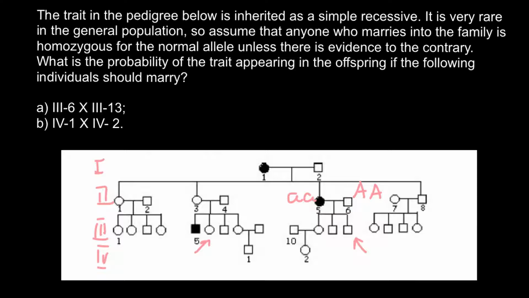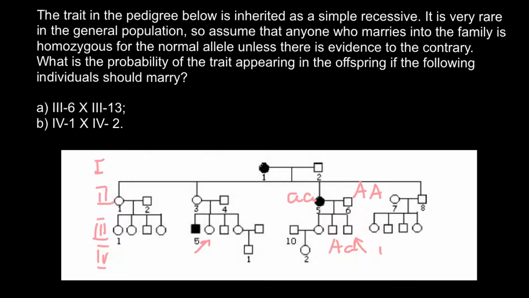So all children, and you see 3 children here, would be heterozygous, and this is 100%.